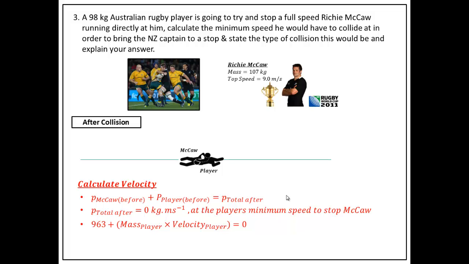Hence the player's initial momentum must be equal but opposite in direction to McCaw's. After a rearrangement and substituting the known player's mass in, we can calculate a negative velocity of 9.8 meters per second. This negative means that the velocity is towards McCaw, as we previously defined this direction as negative.